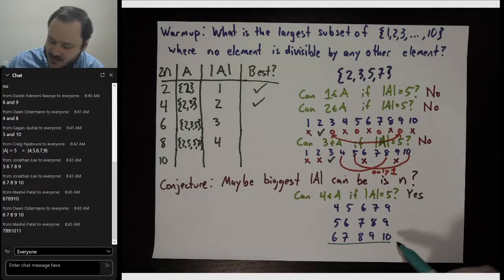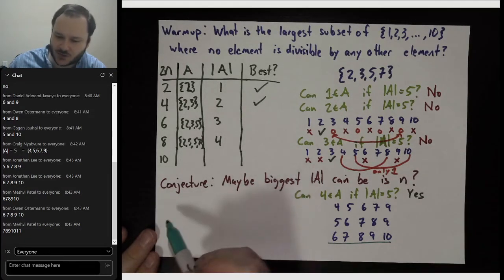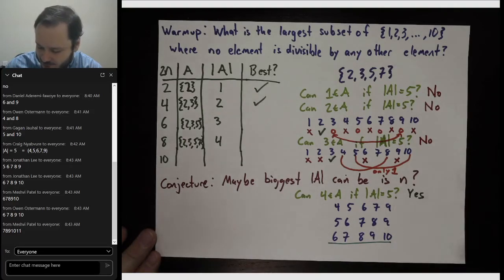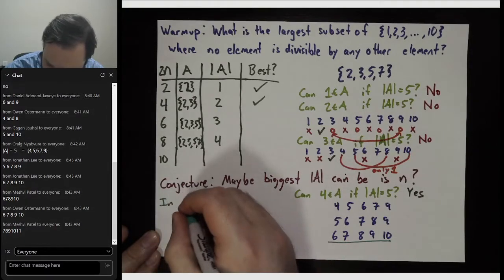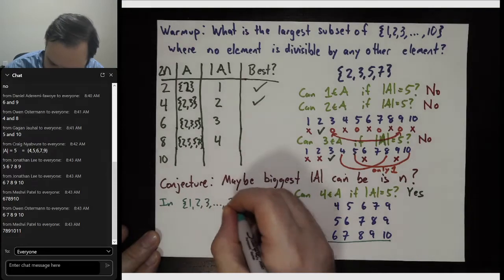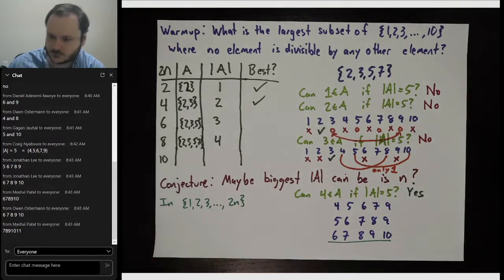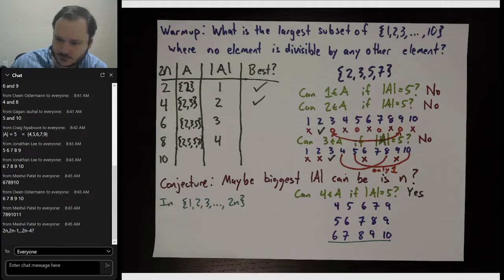So 6, 7, 8, 9, 10 is 1 up through 10. What's the general version in 1 up through 2n? Two n minus 1, all the way up to 2n minus 4.